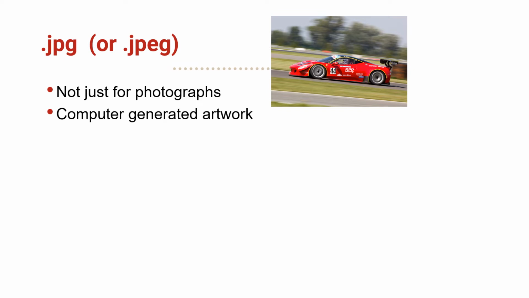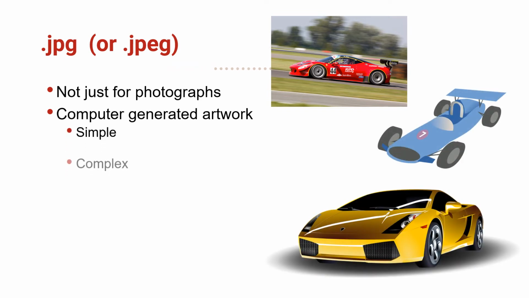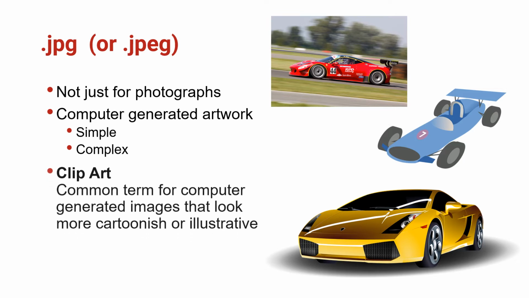Complicating the JPEG a little bit is the fact that it is a format that's not only used for photographs. It can be used to turn computer-generated graphics into a common format, like this simple race car illustration or this more detailed and realistic one. Computer-generated illustrated images, like the blue and yellow race cars, are often referred to as clip art.